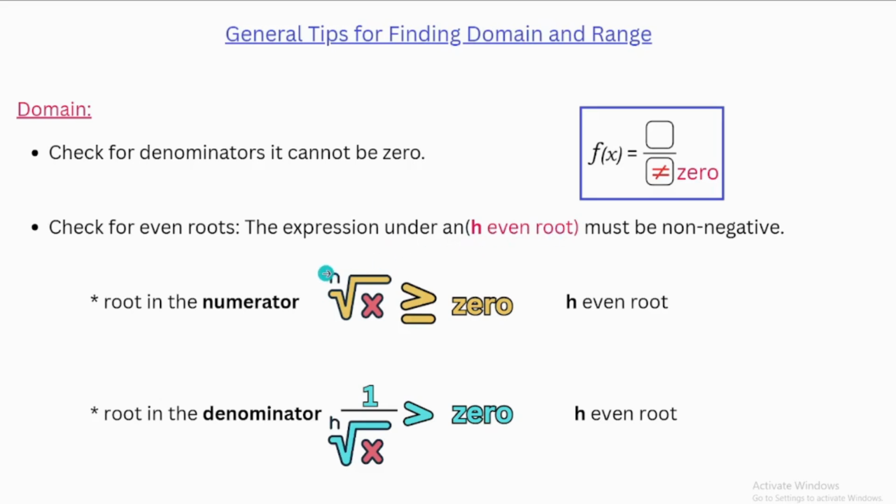We have 2 cases. When the radical is in the numerator, we have to check that it is greater than or equal to 0. And if the root is in the denominator, we have to check it is greater than 0 and not equal to 0, because no 0 in the denominator is allowed.